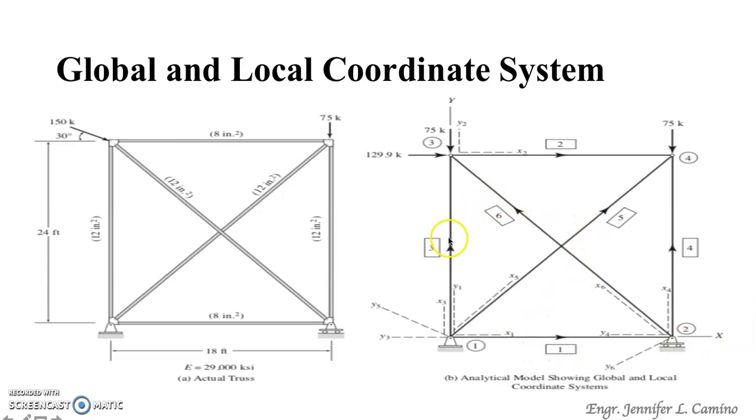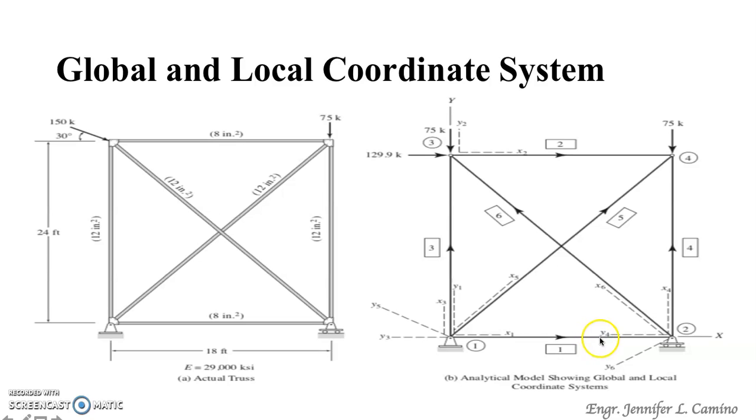So this is known as global coordinate system or structure coordinate system because we establish our coordinate system for the whole structure. Now, what is local coordinate system? Local coordinate system is also known as member coordinate system. So for the local coordinate system or the member coordinate system, we consider the coordinate system for each member. So let us have an illustration.